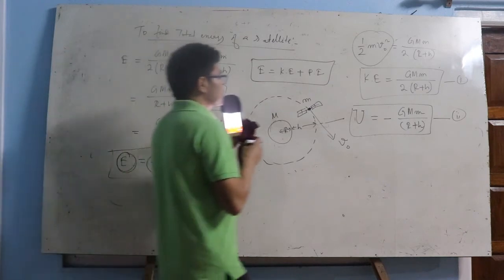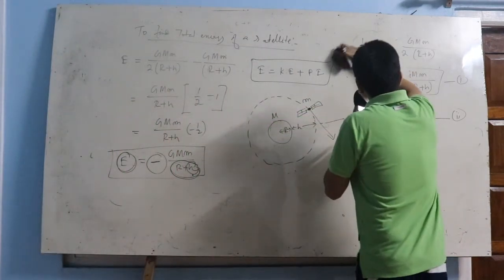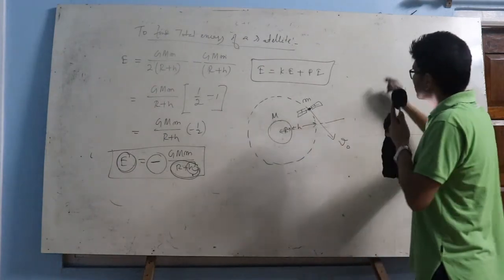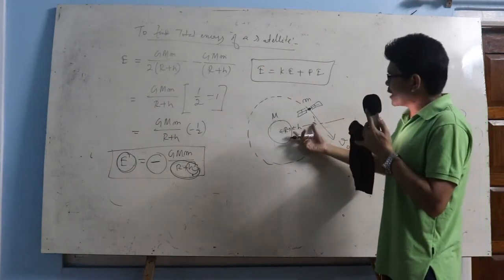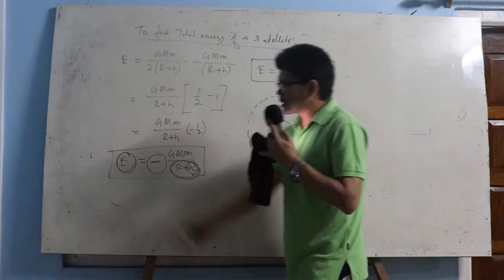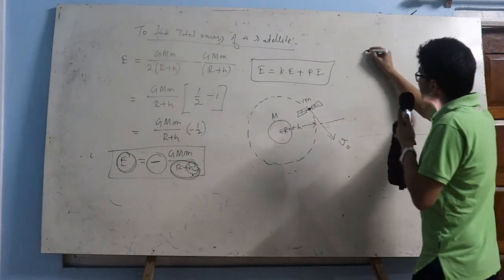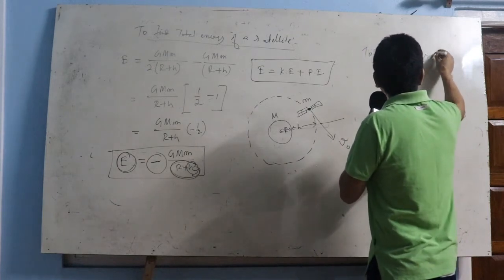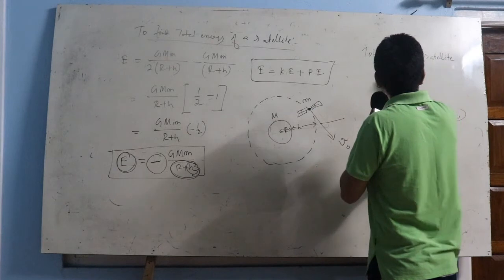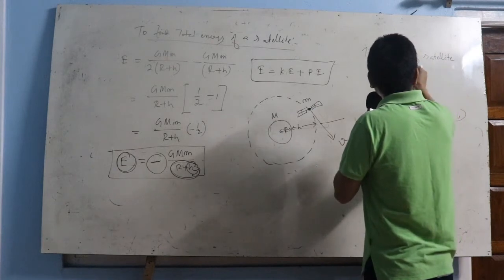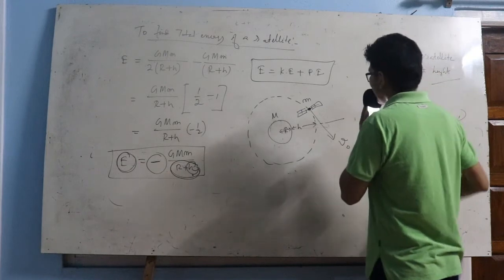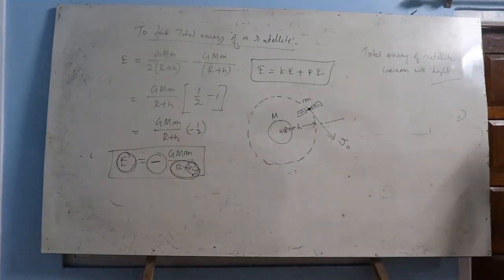So when the satellite is moving farther away from Earth, total energy of the satellite increases with height.